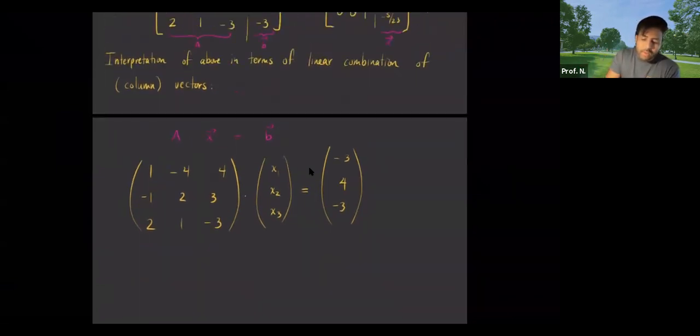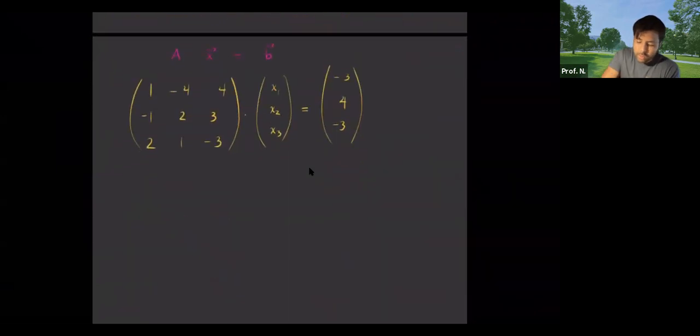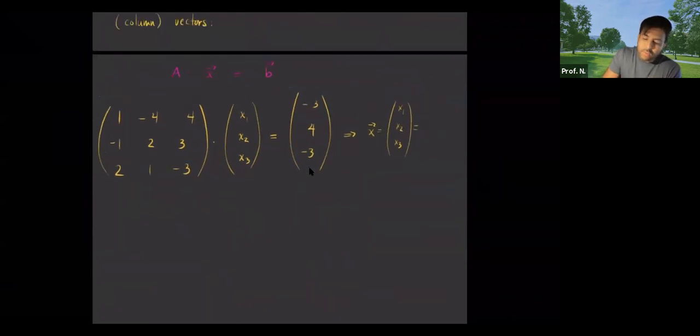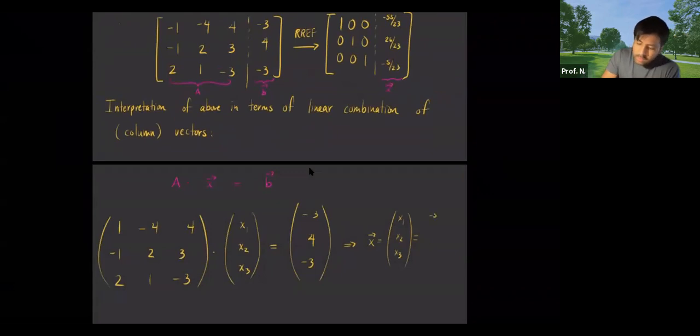And we showed by row reduced echelon form that X1, X2, X3 equals negative 55 over 23, 26 over 23, and negative 5 over 23.